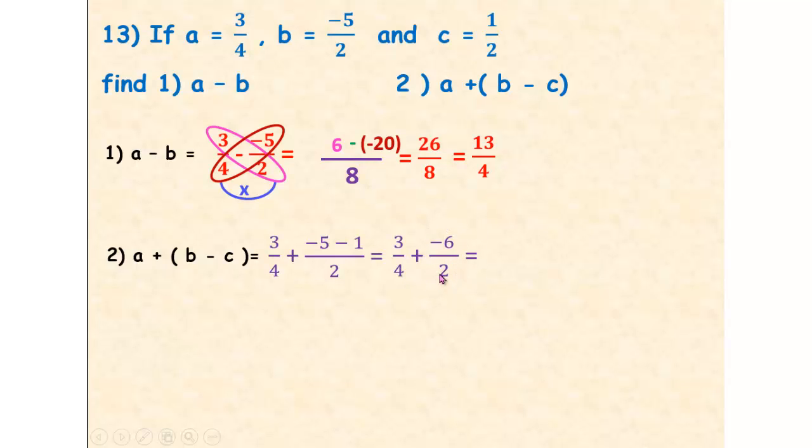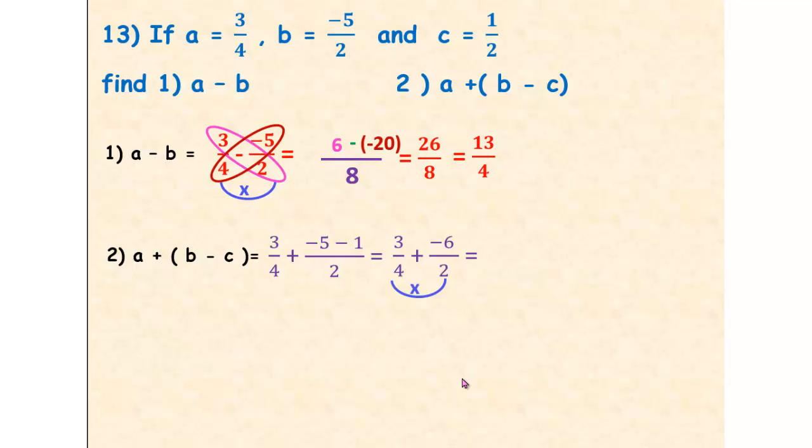This negative 6 over 2 is the result of subtracting B minus C, which is negative 5 over 2 minus half. By looking now at the denominators, I can see that both denominators are different. Can I change the 2 to go and be 4? Yes, simply if I multiplied both the numerator and the denominator by 2.